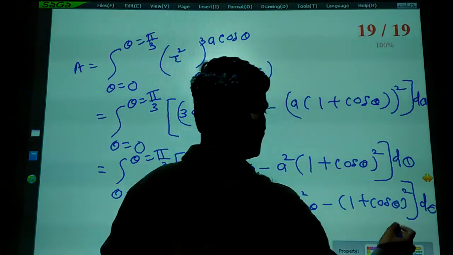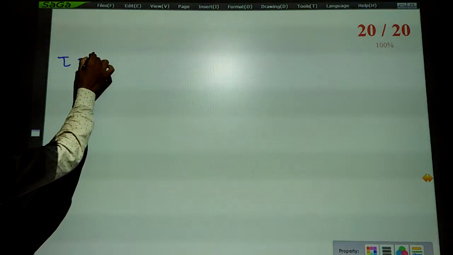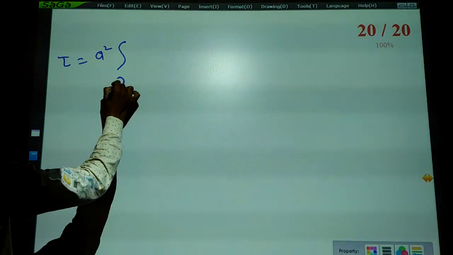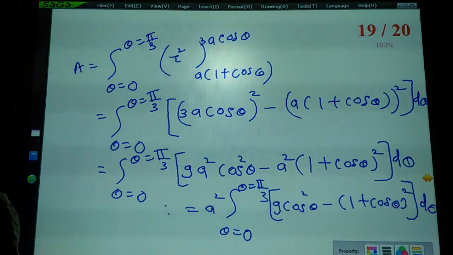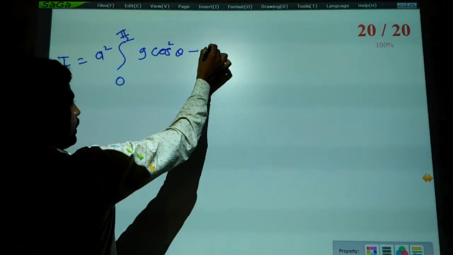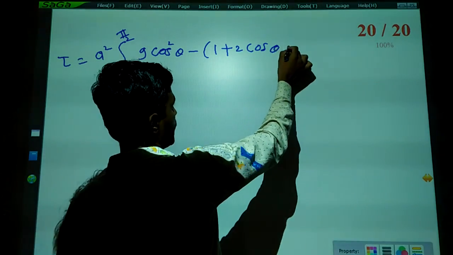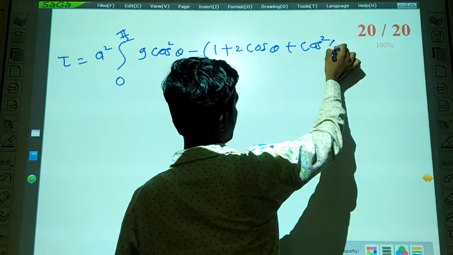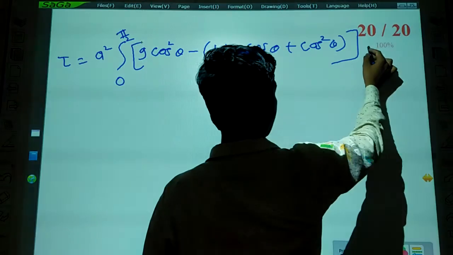First we will simplify this bracket, 1 plus cos theta whole square, that is a plus b bracket square. I is equal to a square, theta from 0 to pi by 2, 9 cos square theta minus, here use a plus b square, a square plus 2ab plus b square, that is cos square theta d theta.